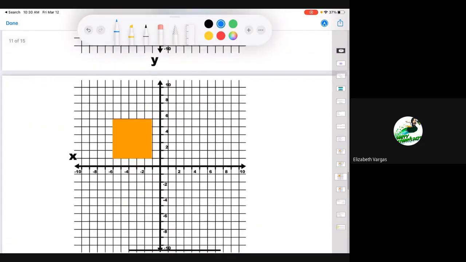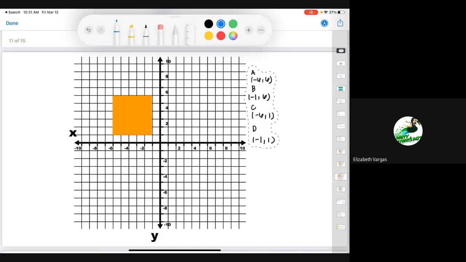Lastly, we're going to look at a rotation counterclockwise 270 degrees. We know when we have a rotation of 270 degrees, we negate the x and then switch x and y. So, first thing I'm going to do is negate x and then switch x and y.